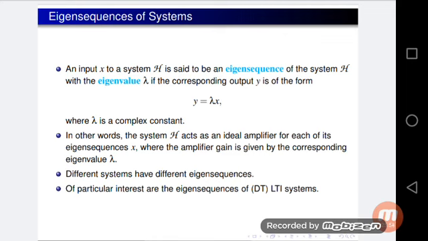Different systems have different eigensequences. Of particular interest are the eigensequences of DT LTI systems. So LTI systems mainly depend on the eigensequences of the systems.